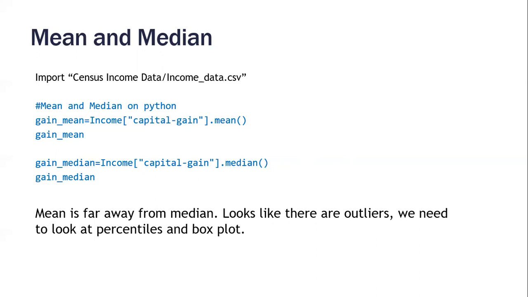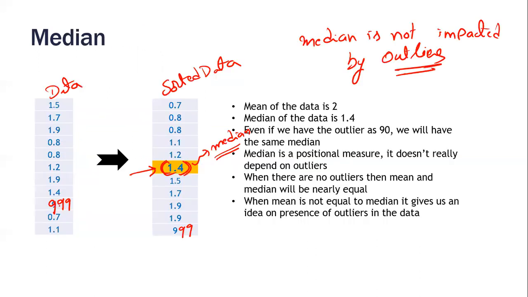So even the median is not a very good measure of central tendency, right? The central value, because it is not getting affected by the different range of values. What does that mean? Let's say after 1.4 we have values like 99, then 200, 300, 400.